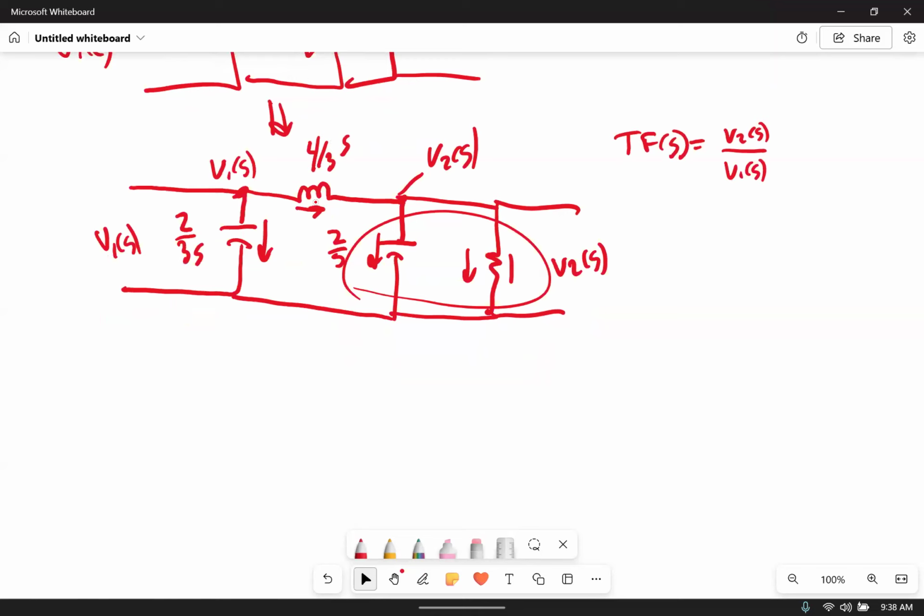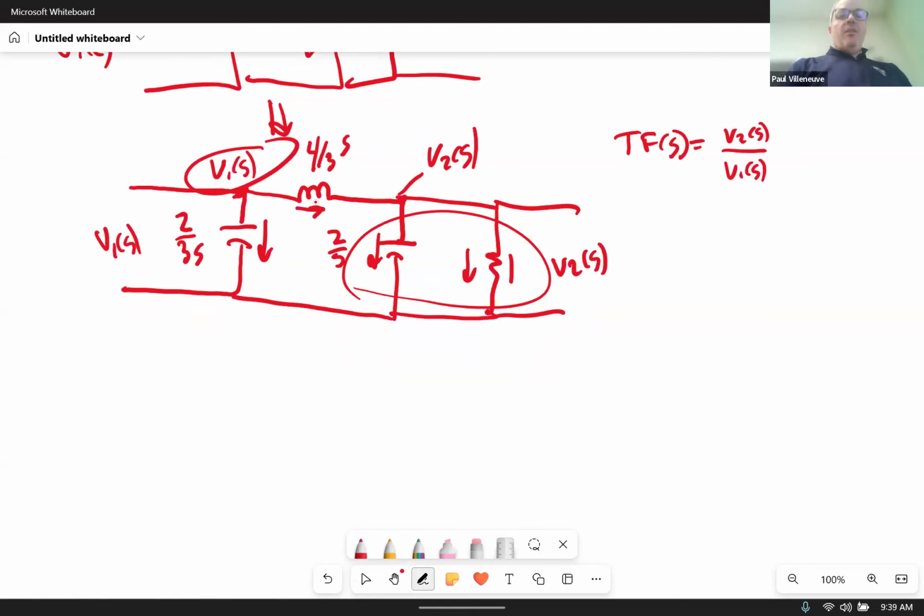And I'm only going to do nodal analysis for V2, not for V1, because I know that that's V1 of S. Whatever the input signal is, has to be that voltage. So why would I even bother doing a nodal analysis at V1 when I know what the voltage is? So I only have to do nodal analysis for V2.